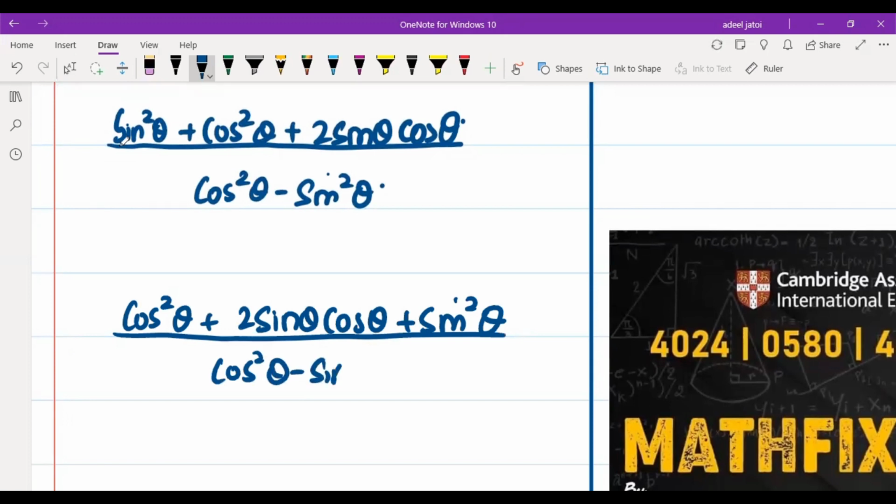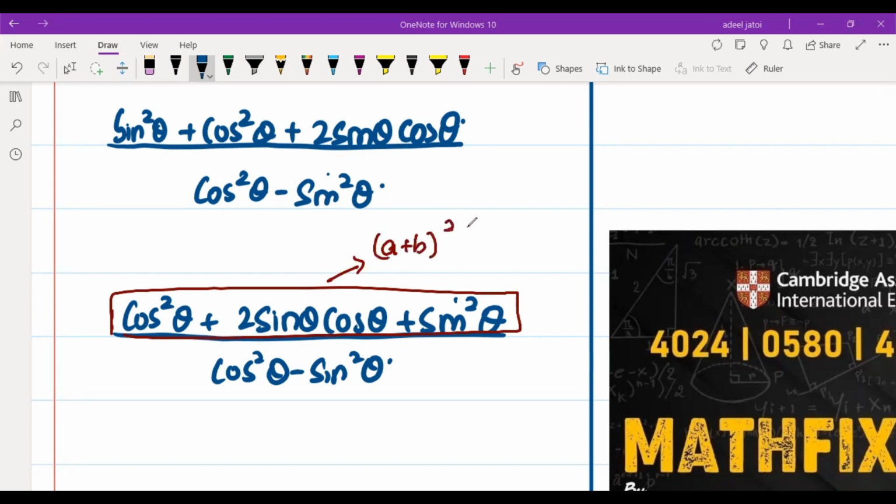Now, what kind of identity can be changed? This thing can be changed to a plus b whole square, where this can be taken out as a, this can be taken out as b.